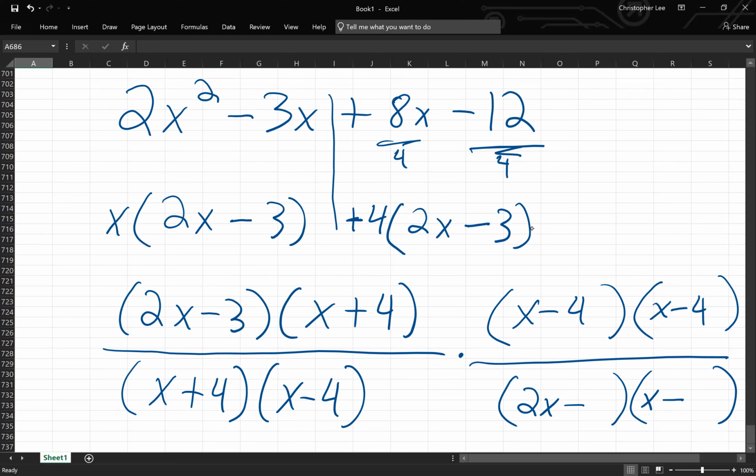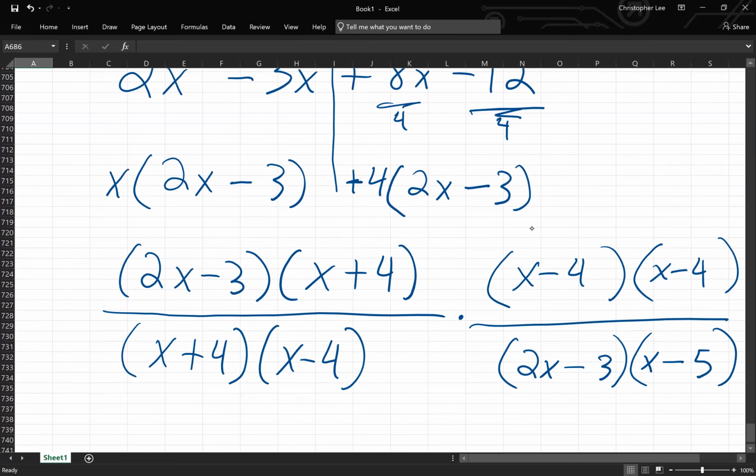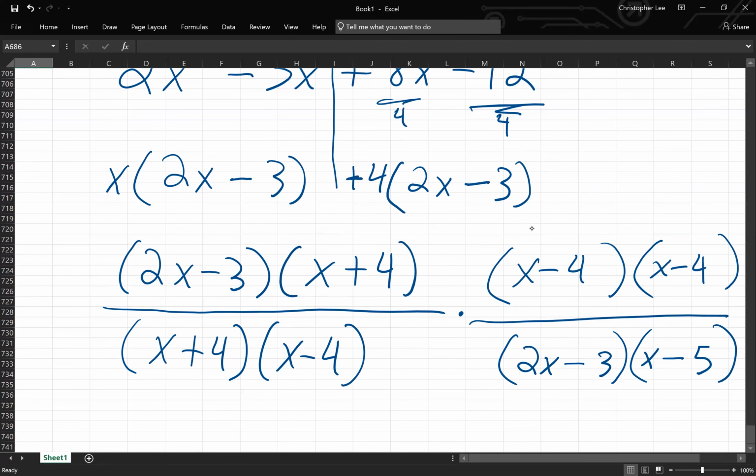So let's think about this. 2 times 5 is 10, right? And then plus 3, 13. And I want negative 13. So boom. If that was challenging, just do the AC method, right? I'm just trying to save space and time.